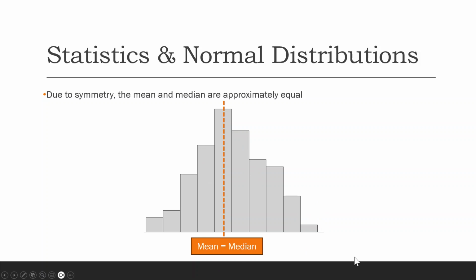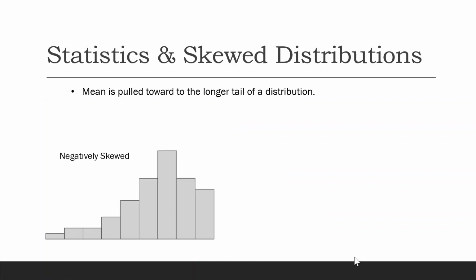This is not the case when we have skewed distributions. Because the mean is sensitive to extreme observations, the mean is going to be pulled towards the longer tail of the distribution. So when we have a negatively skewed distribution, most of our data values are on this side of that distribution, given by the taller bars.